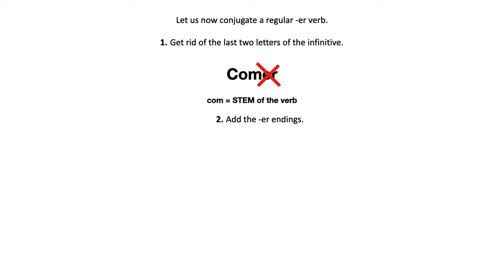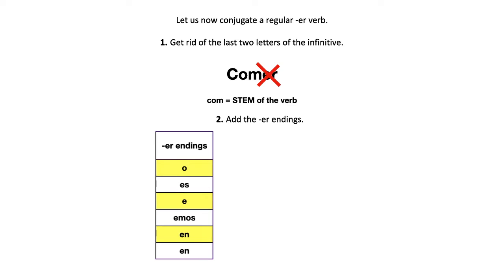And then the second step here is where it differs from the ar verbs. Of course, we don't add the ar endings, we add the er endings, right? And these are different from the ar endings. I hope you remember by this point that the ar endings are o, as, a, amos, an. Well, the er endings are very similar, but you change the vowel, right?